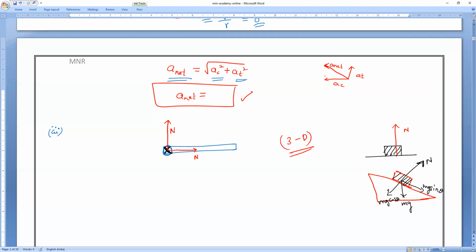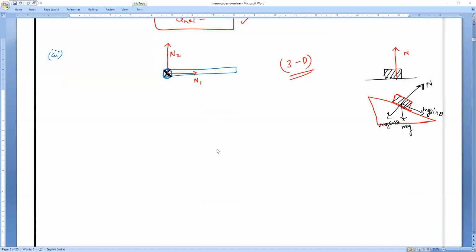So those are two different normal reactions: one is N1, another one is N2. These are the hinge forces. Normal forces: one towards the center, another one upward. This is what is called hinge forces.